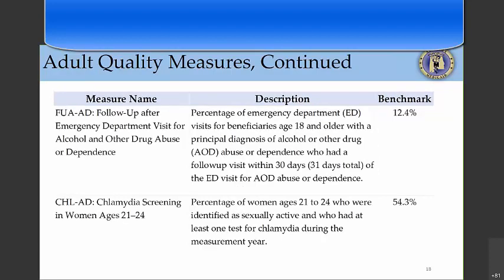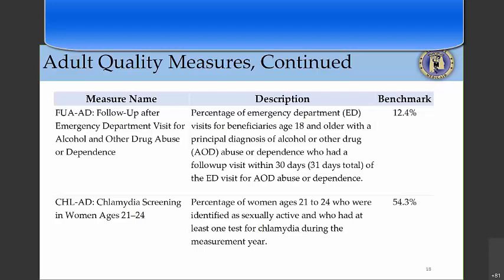The FUA measure is described as the percentage of emergency department visits for beneficiaries age 18 and older with a principal diagnosis of alcohol or other drug abuse or dependence who had a follow-up visit for alcohol or other drug abuse or dependence.